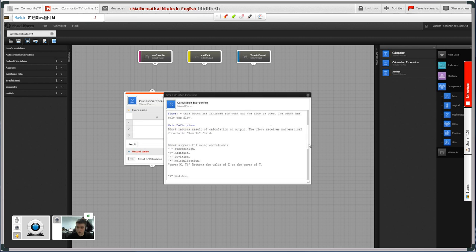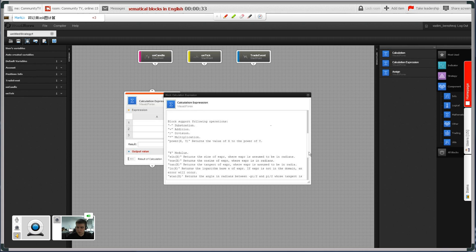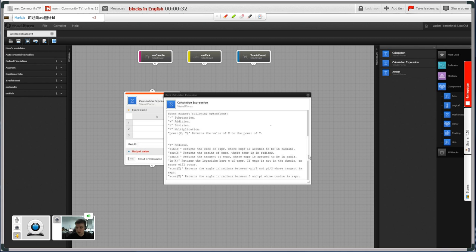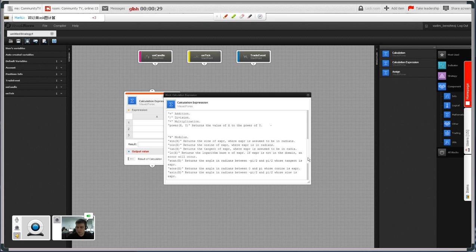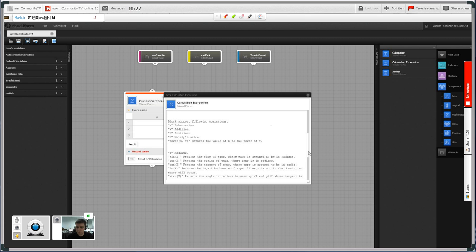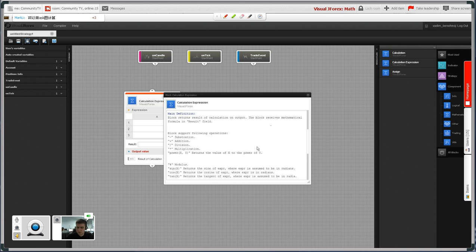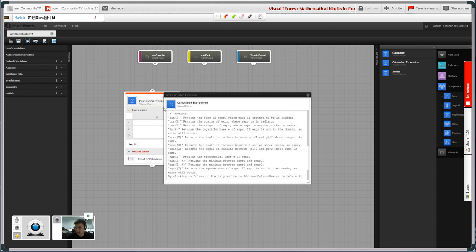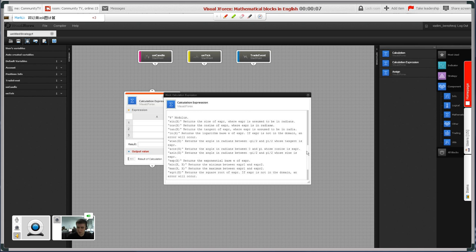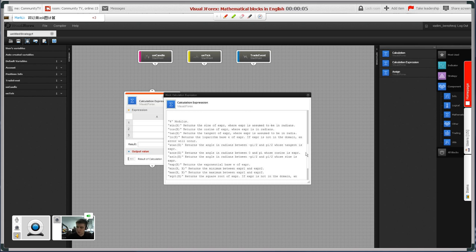Here are several operations that it can do, and the main thing, it can do several operations in one action, in one block. We'll use several simple operations, but it also can do calculation of sinus, cosinus, etc. I don't really know where you can use it in strategies, but it's useful.